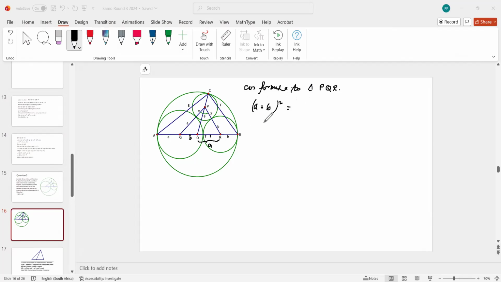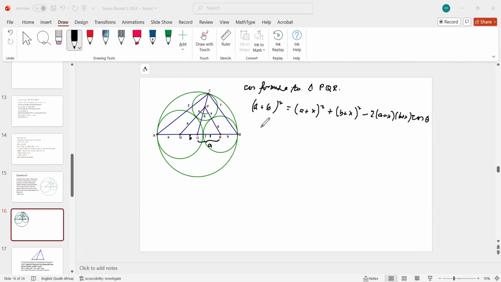That's the side here. Is equal to that side, which is A plus X all squared. This one is B plus X all squared. Minus 2 into A plus X into B plus X becomes cosine of theta. Minus 2, the product of these two, cos theta.